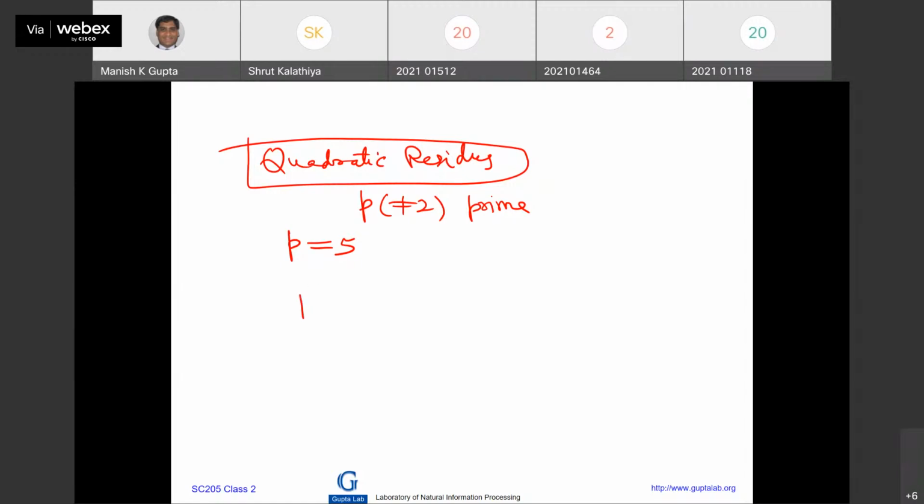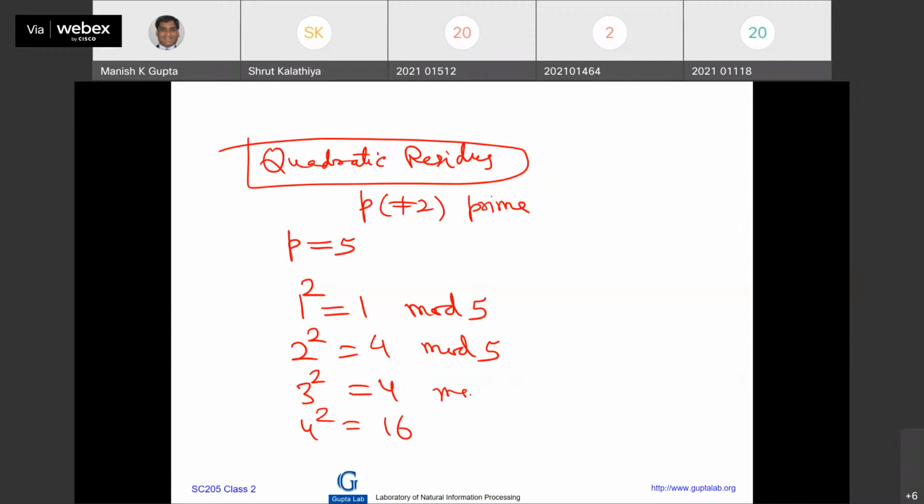I take 1. I square it. 1 squared is equal to 1 mod 5. I take the second number 2. 2 squared is 4 mod 5. I take the next number, 3 squared. 3 squared is 9, which is 4 mod 5. You are back here. Take 4 squared mod 5.